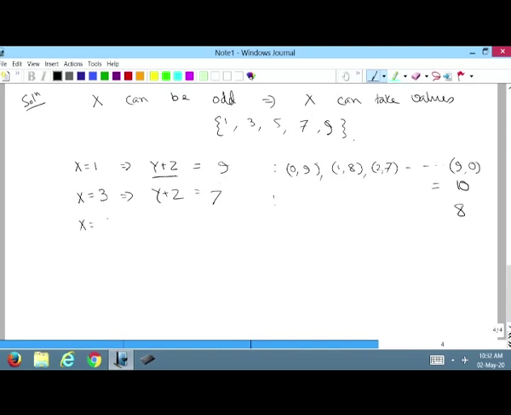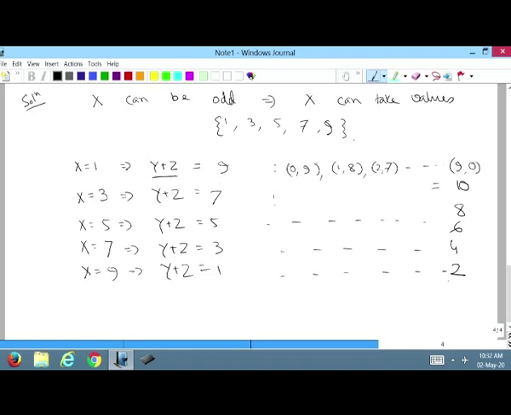Similarly, x is equal to 5 implies y plus z is equal to 5. Therefore, number of solutions is 6. X is equal to 7 implies y plus z is equal to 3. Therefore, number of solutions is 4, and in a similar way x is equal to 9 implies y plus z is equal to 1 and number of solutions is 2.